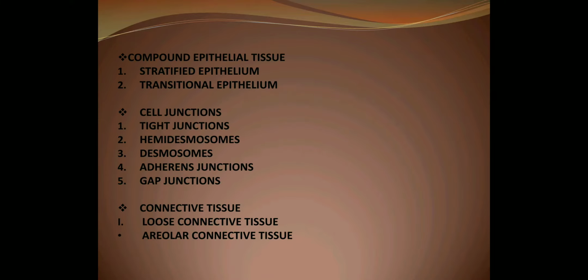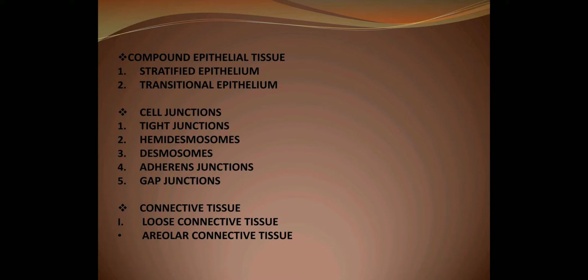In the last lecture, we studied the details of compound epithelial tissue. In that, we studied stratified epithelium and transitional epithelium. Then we started the details of cell junctions. In that, we studied about tight junctions, hemidesmosomes, desmosomes, adherens junctions, and gap junctions.